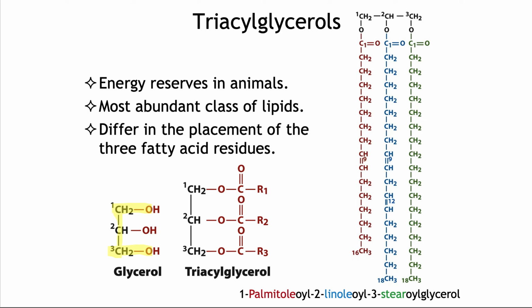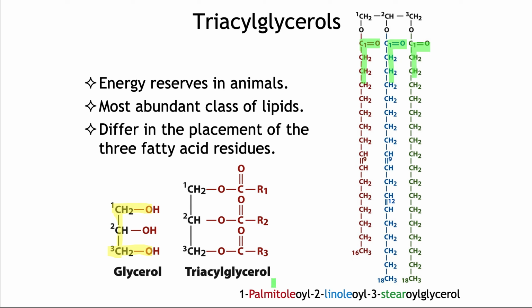Now, the identity of the fatty acids is variable, right? Shown in this diagram are 3 different fatty acids. But if it contains the same kind of fatty acids at all 3 positions, then it's typically known as simple triglycerides or triglycerols.